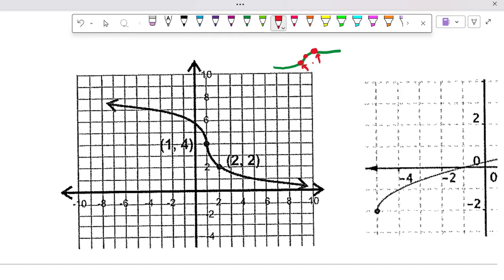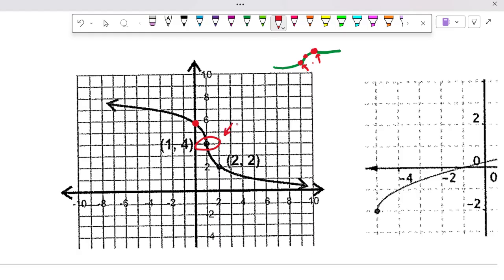If I look at where the squiggles are, the other squiggle will be right here, and these should be the same distance apart, so they should have the same rate of change. If you did rise over run, 2 over 1, 2 over 1. So the vertex is actually (1, 4).